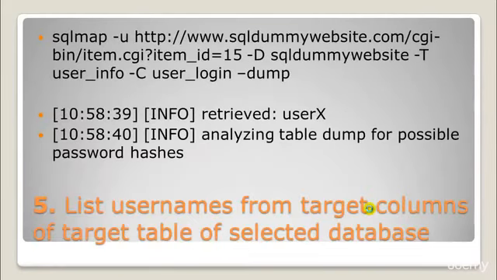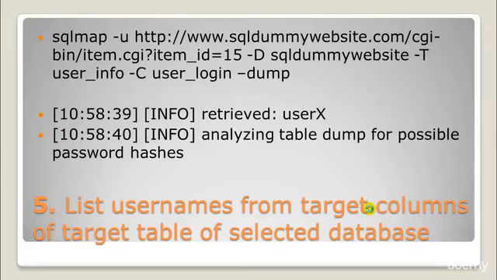The next step would be to list usernames from the target columns of the target table of the selected database using SQL map injection. SQL map SQL injection makes this easy. To do that, we run this specific command: sqlmap -u and so on, -D SQL dummy website -T user info -C user_login --dump.